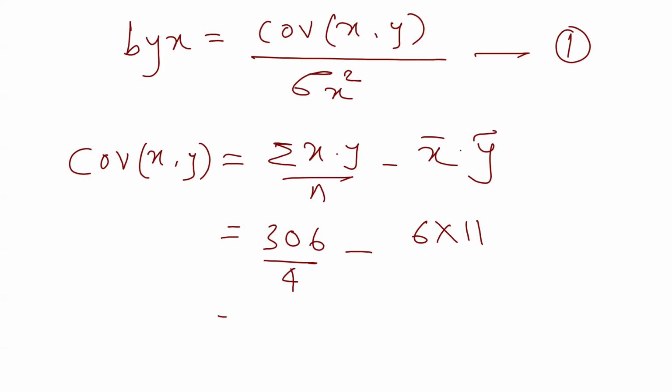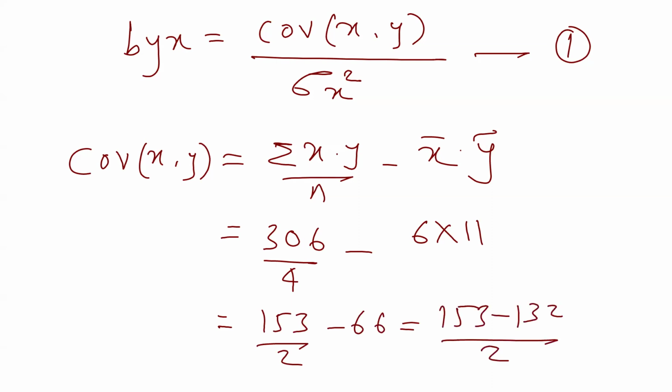Now see guys, for covariance and variance, don't get the answers in decimal. Keep it in reduced fraction. So this is 153 upon 2 minus 66. I have reduced this, since it was not divisible.